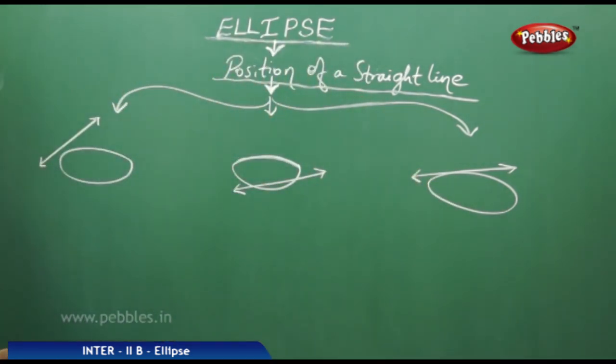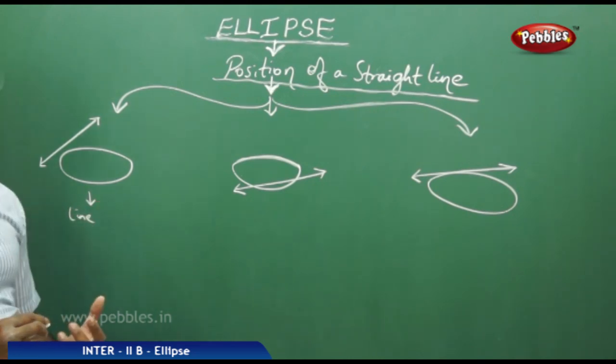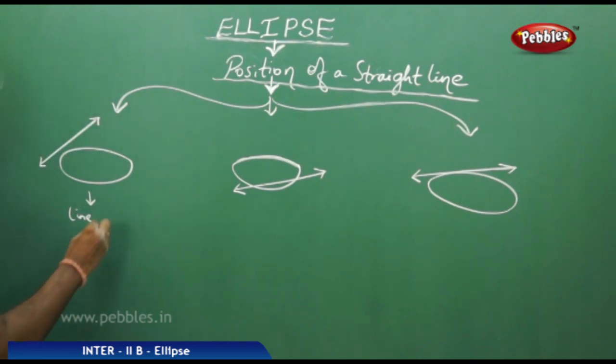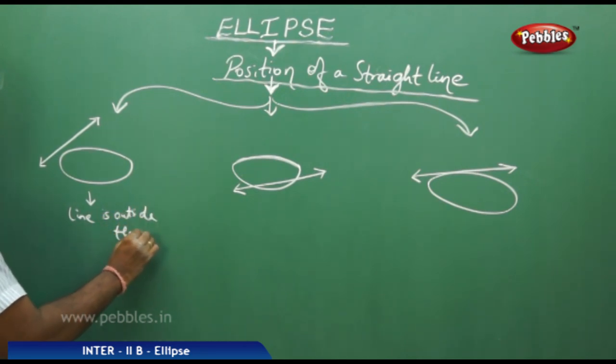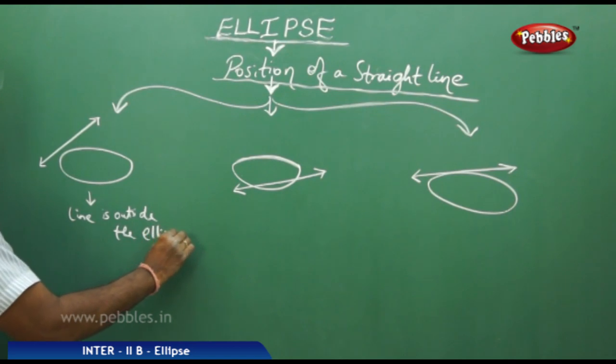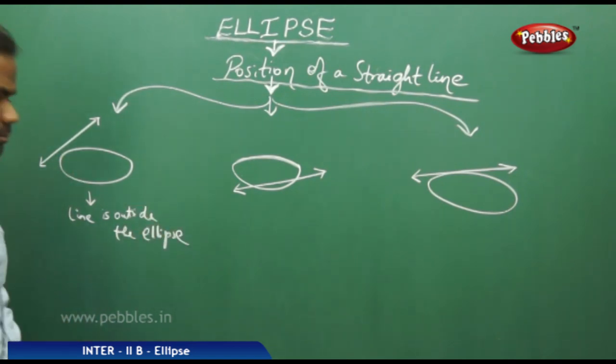So these are the 3 cases which we have for the straight lines. One is the line is non-intersecting or disjoint or does not cut. The line is outside the ellipse, then it does not cut the ellipse.